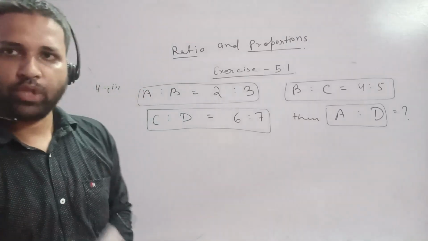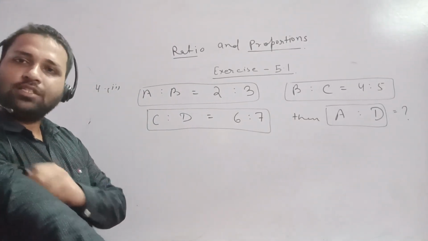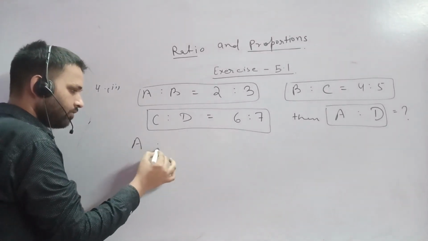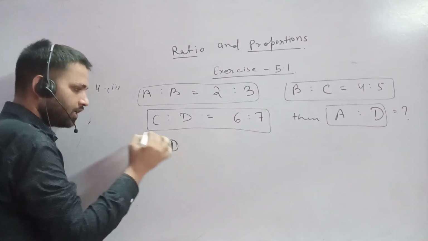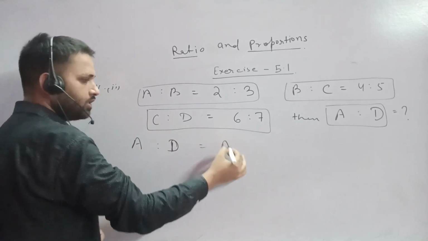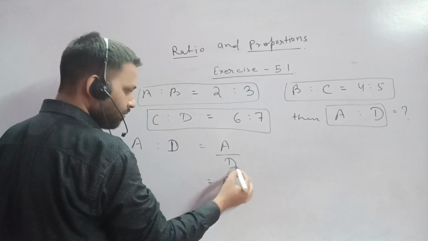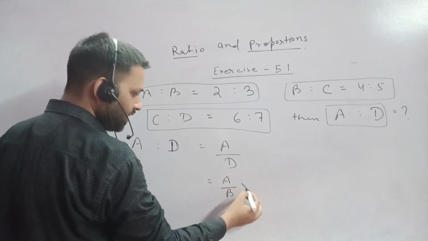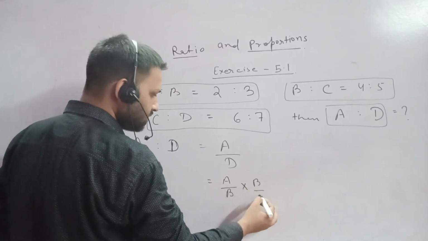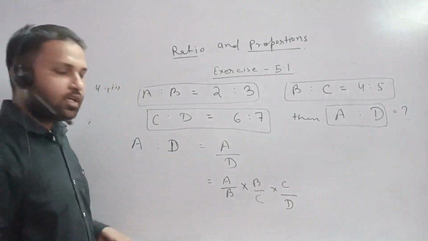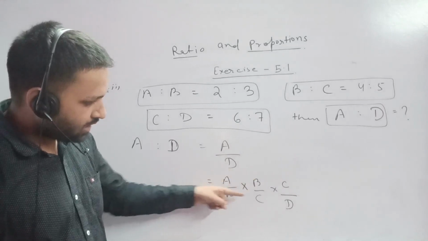Okay, now our process is the same. Now we have to try like this. A is to D is written as A by D, then A by D is simplified as A by B into B by C into C by D. Here you can see that B is cancelled out and C is cancelled out.